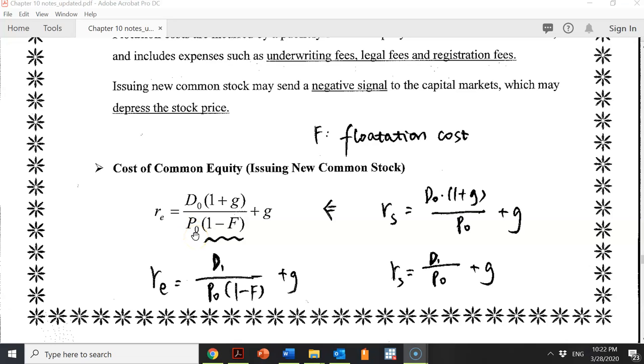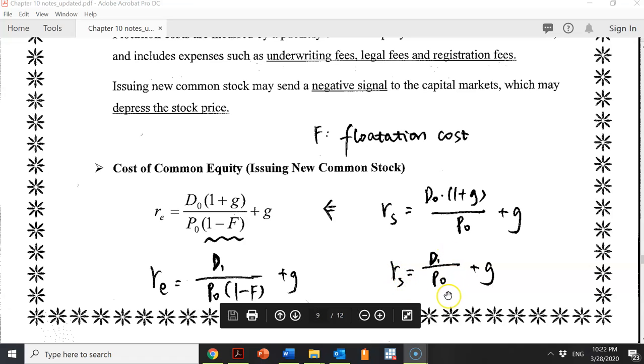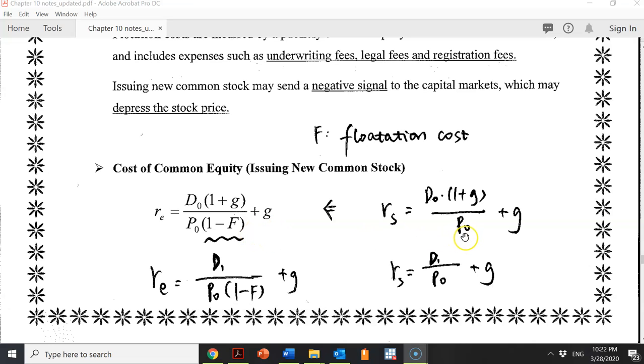Okay, when we were calculating cost of common stock for retained earnings, RS equals D0 multiplied by 1 plus G over P0, plus G, based on the constant growth model. It is also D1 over P0 plus G. Here, we make only one tiny change: we multiply P0 by 1 minus F in the denominator.